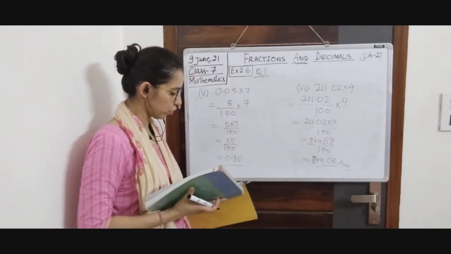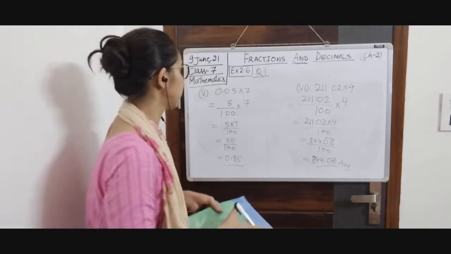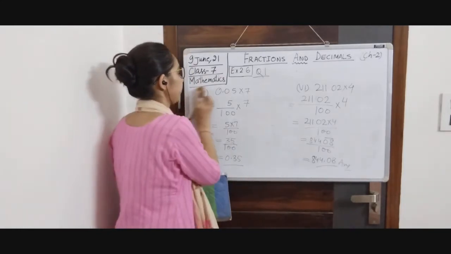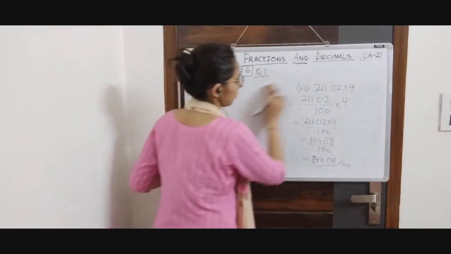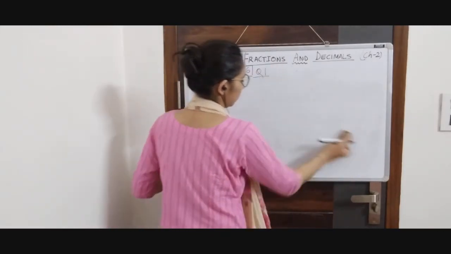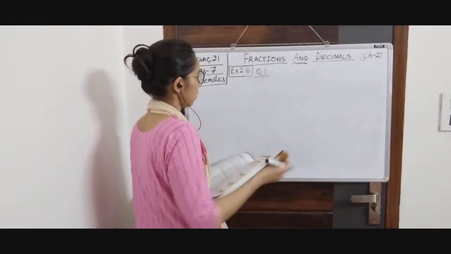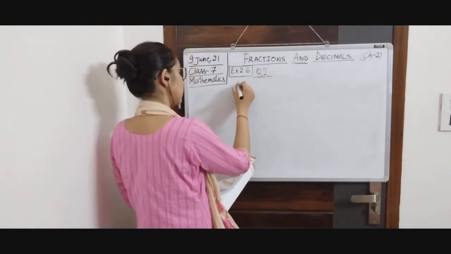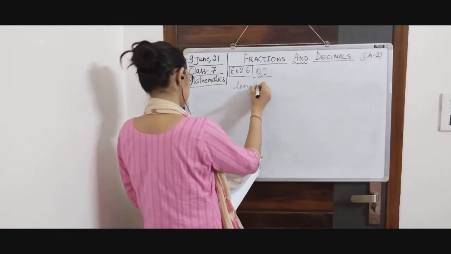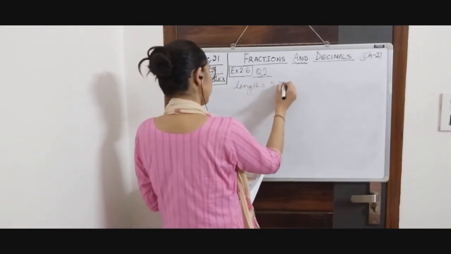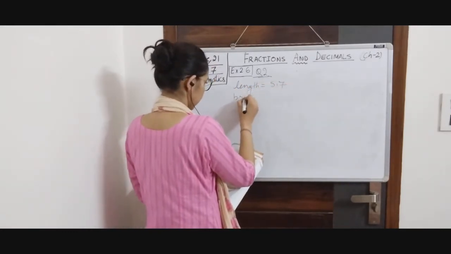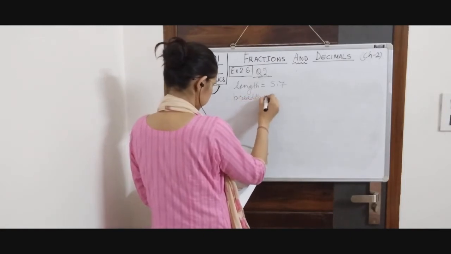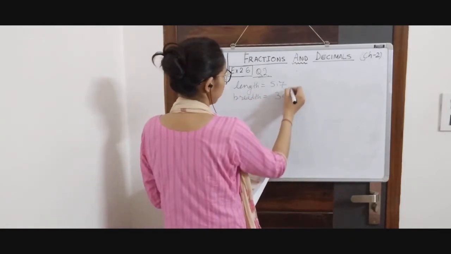Now question number 2. You have to find the area whose length and breadth are given. Length is 5.7 and breadth is 3 centimeter.